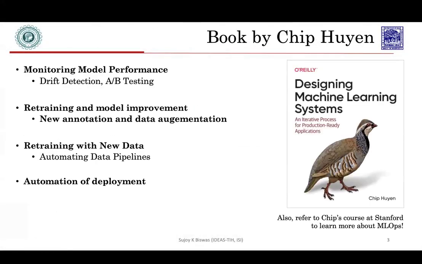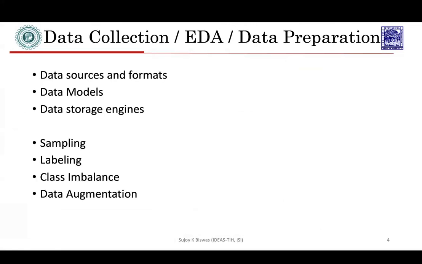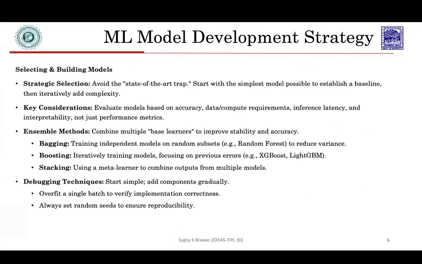So this is the summary of Chip's book. Data collection, EDA, and data preparation are part of the process. But when you are doing ML development, what are the considerations that you may pay attention to?